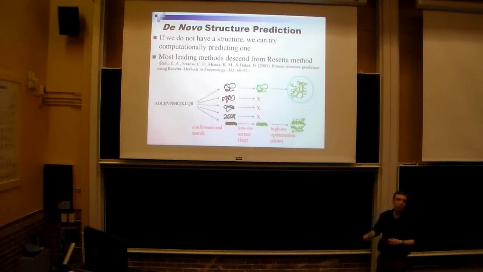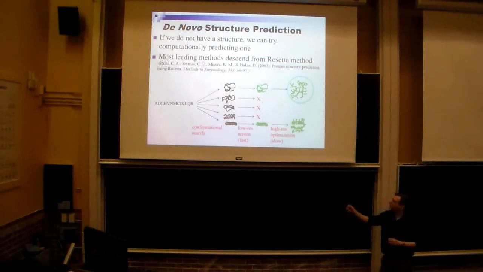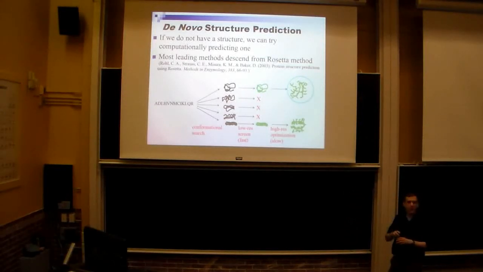So you might go through a huge number of these, 100,000 or 1 million different possible conformations, and then very quickly narrow it down based on these kind of low-resolution models to, let's say, 50 or so that look like potentially good structures. You then switch to a physics-based model.